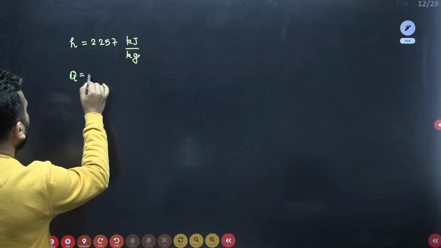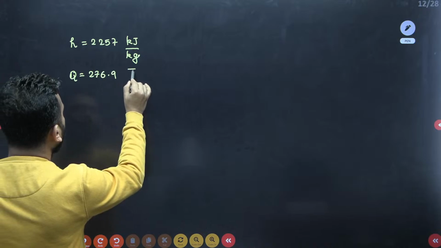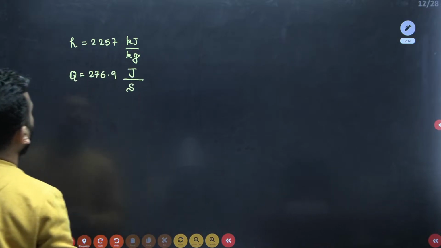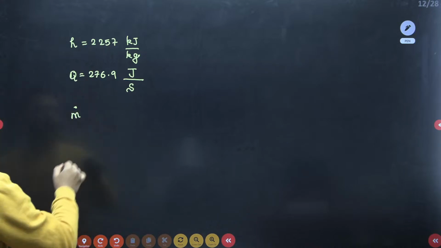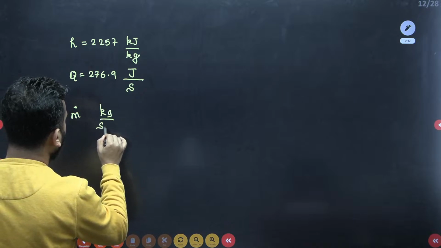Rate of heat is 276.9 joule per second. So the question is, what is m dot? Obviously it will be in kg per second.